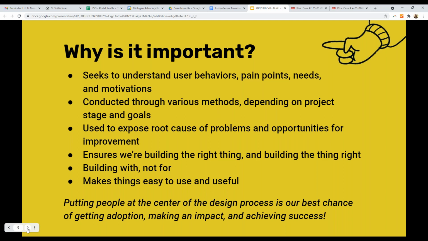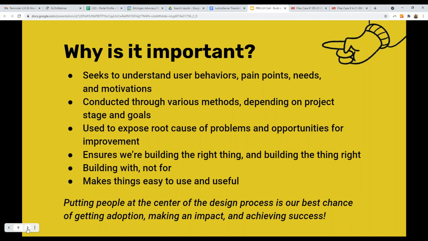It just allows us to create empathy, to create a deeper understanding of what they're intending to do and what's bringing them here. We can do this through a variety of methods, which the best practice report really dives into. It's very different depending on the scope of the project, the stage of the project, and the goals that you have for the project, or even the user's goals in interacting with the resource.